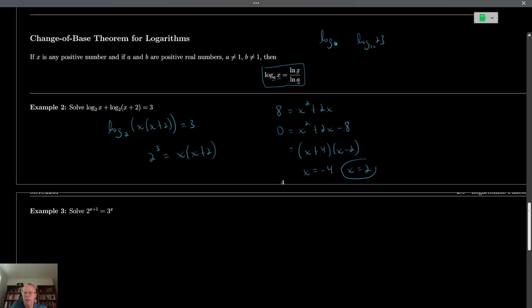Now this is the answer. This one is not the answer. Now, why? Because you cannot take log of a negative. If you go back to that graph, we said the domain of log of x is 0 to infinity.